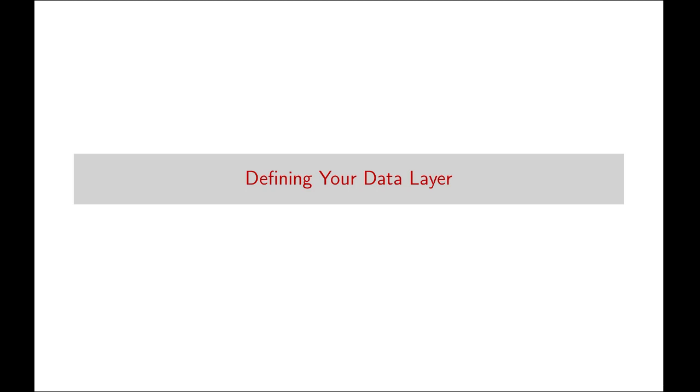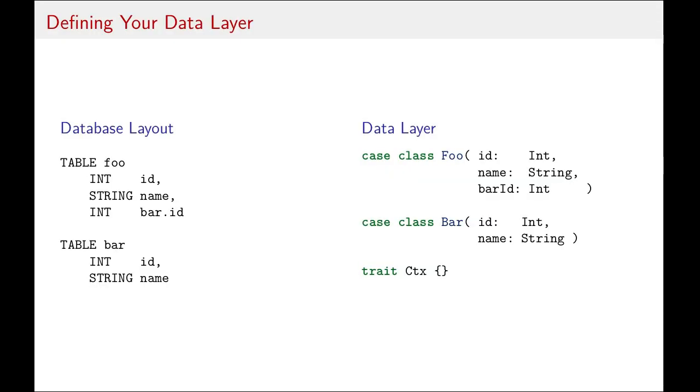So here we define our data layer. We look at our database, and we write case classes that correspond to the physical layout of our data. Now another great use for GraphQL is aggregating multiple data sources. So not just a single database, but you could pull from a database and a REST API, and you can consult the time of day or whatever.